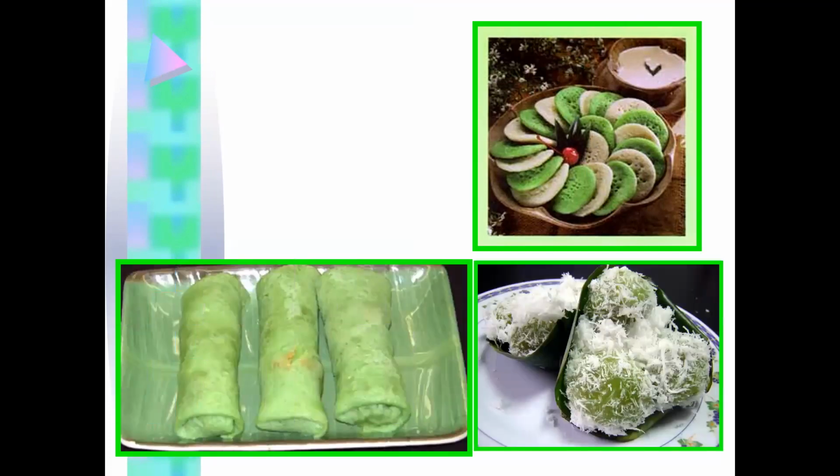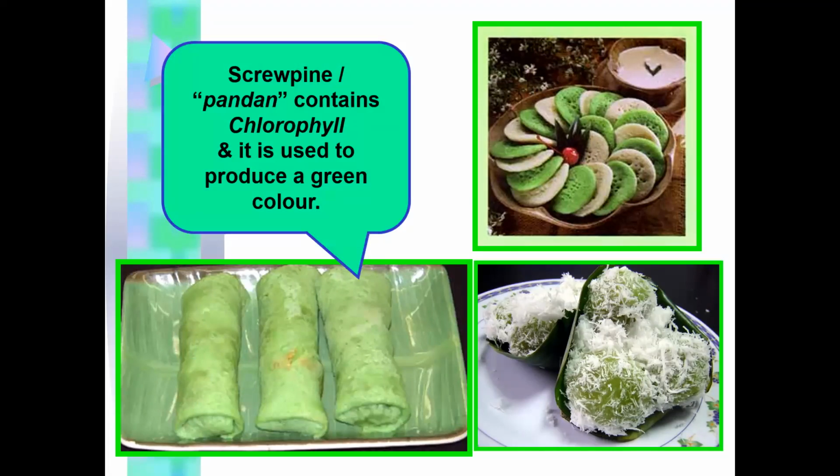Does anybody know what's the real name of pandan? Ready? Screw pine. Screw pine is the real name for pandan, and it contains chlorophyll, which is the one that gives a green color. I think you never saw that coming, huh? Screw pine.